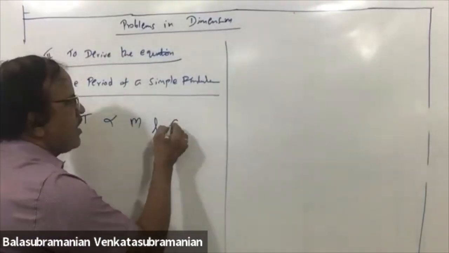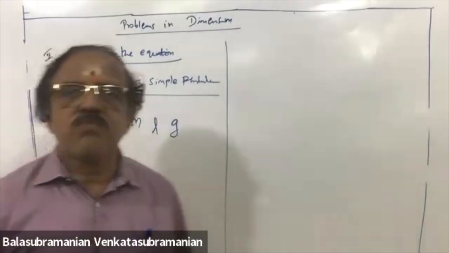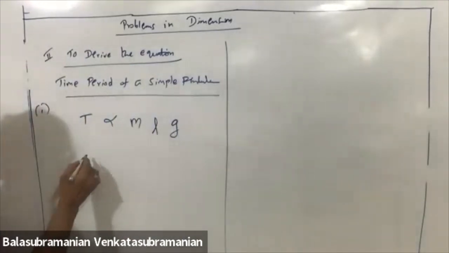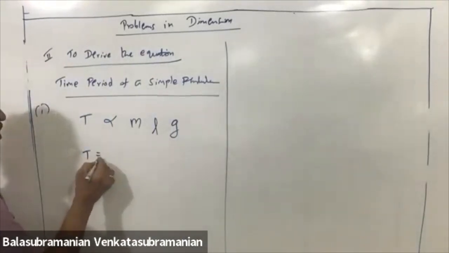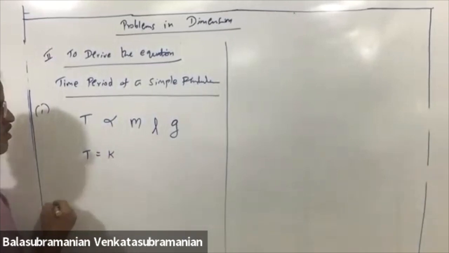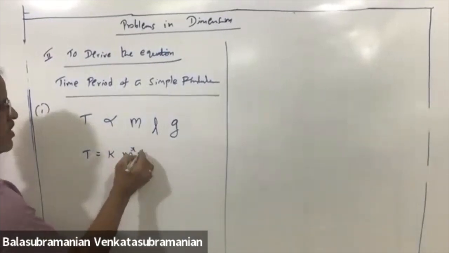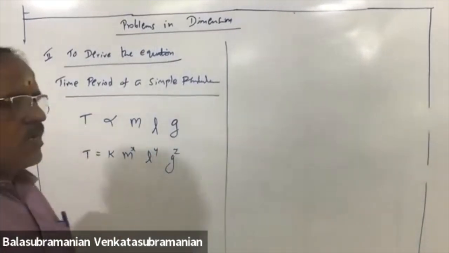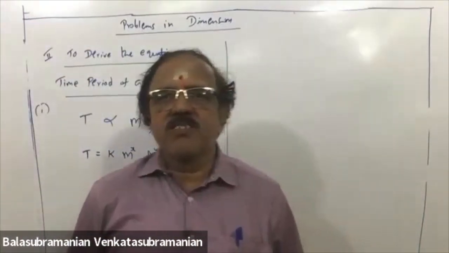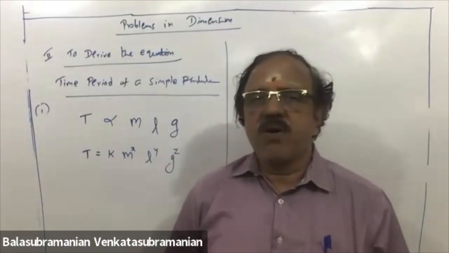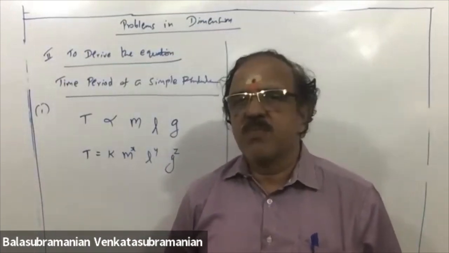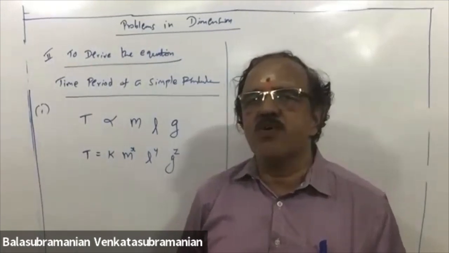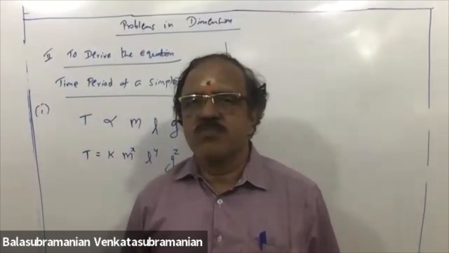And number three, the acceleration due to gravity, G. So I can write T is equal to a constant K, M power X, L power Y, G power Z. Write the quantities on the right hand side, power X, power Y, power Z. Because exactly we don't know what is mass value, L value, G value in this particular problem.